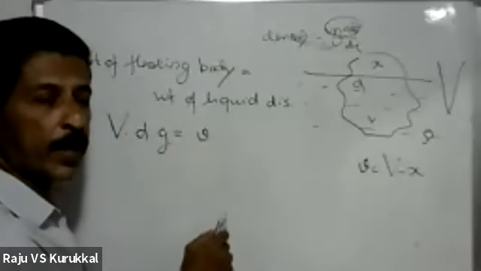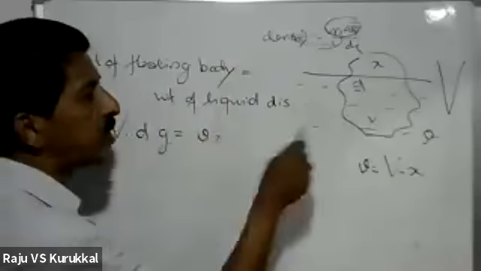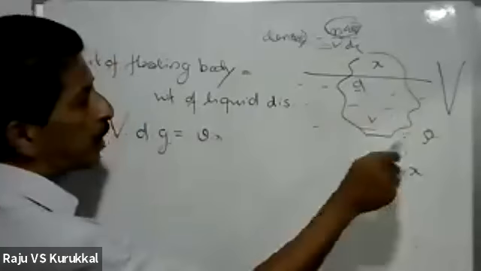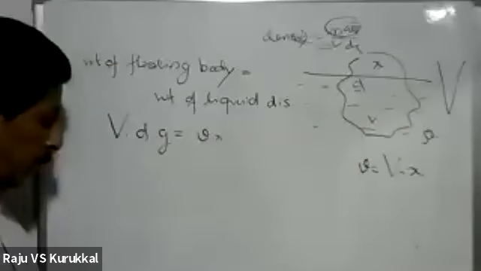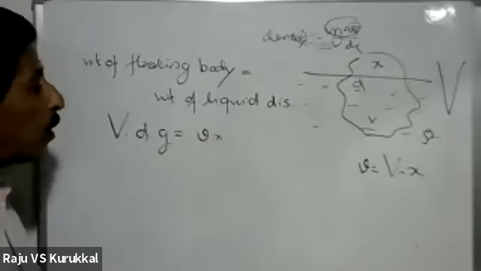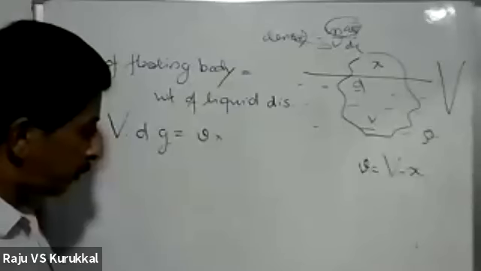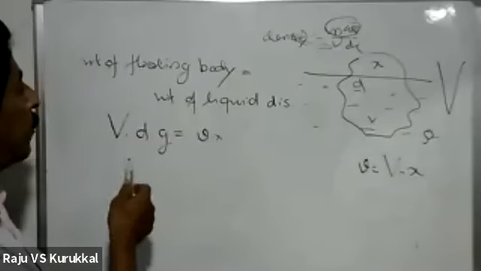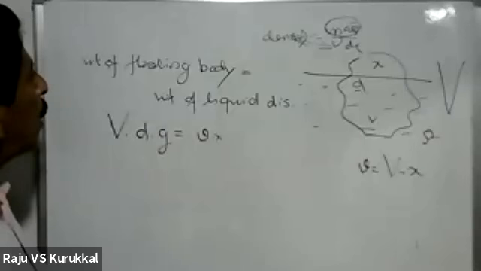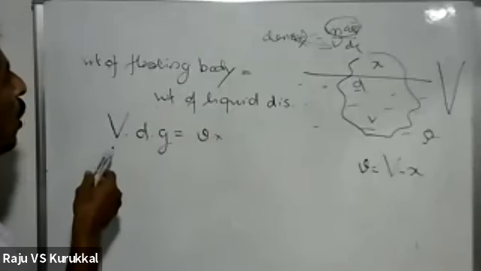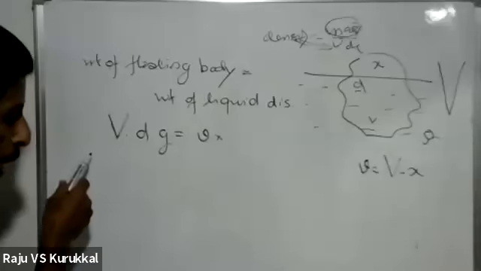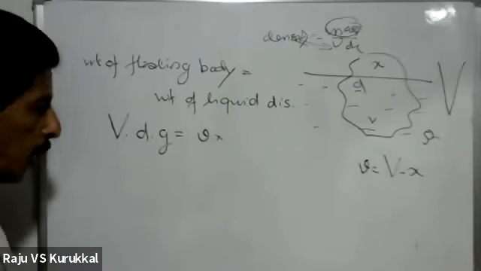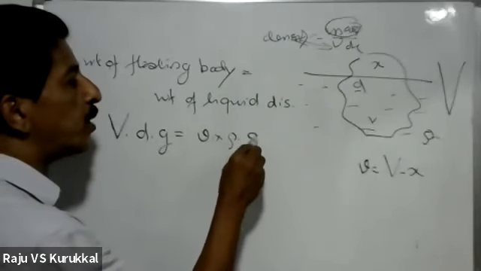Volume into small volume, small volume into density of this substance. ഫ്ലോട്ടിംഗ് ബോഡിയുടെ ആകുമ്പോൾ volume of the floating body into density into gravity, then rho into g എന്ന് വരും.